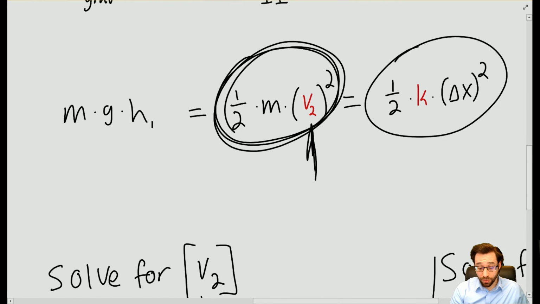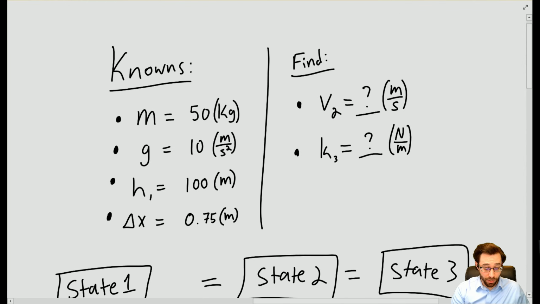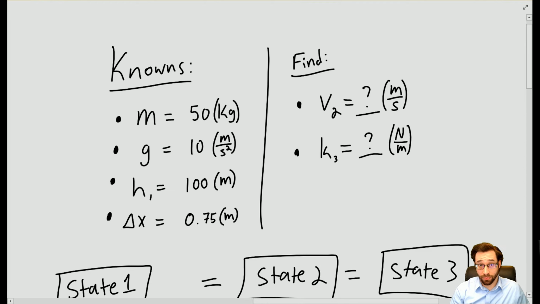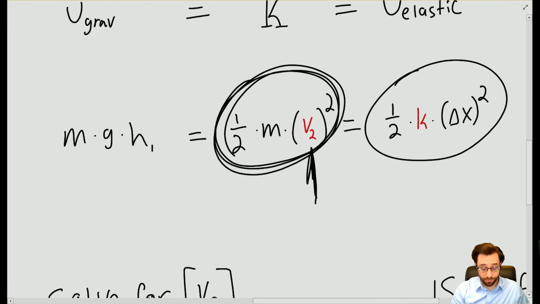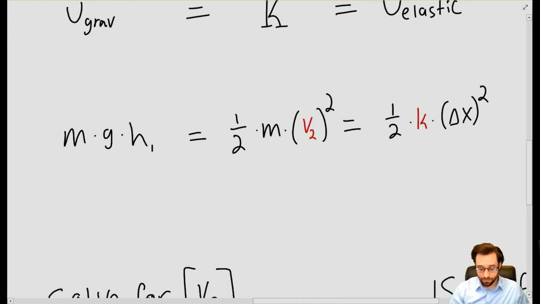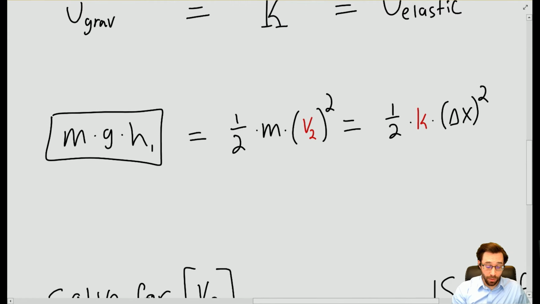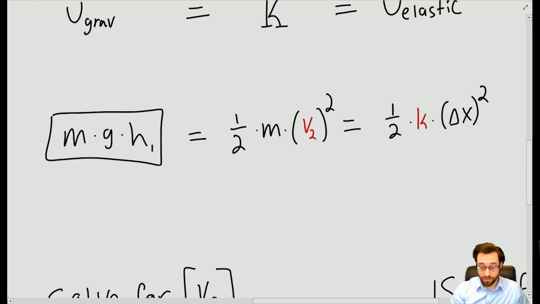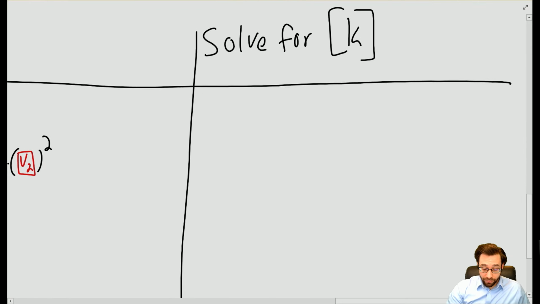Since there is an unknown that is not located in my knowns box, I cannot plug anything in, because that will introduce round-off error, or some sort of margin of error. You can get a more accurate answer if you use one equation with only one unknown. Make sense?